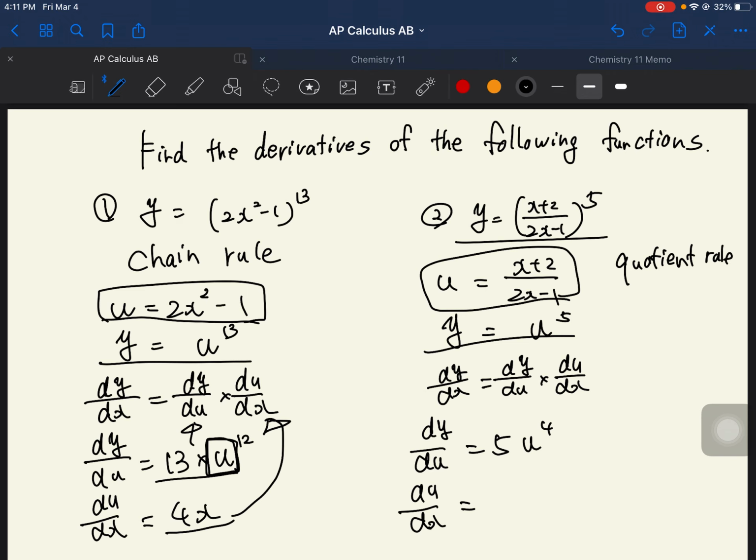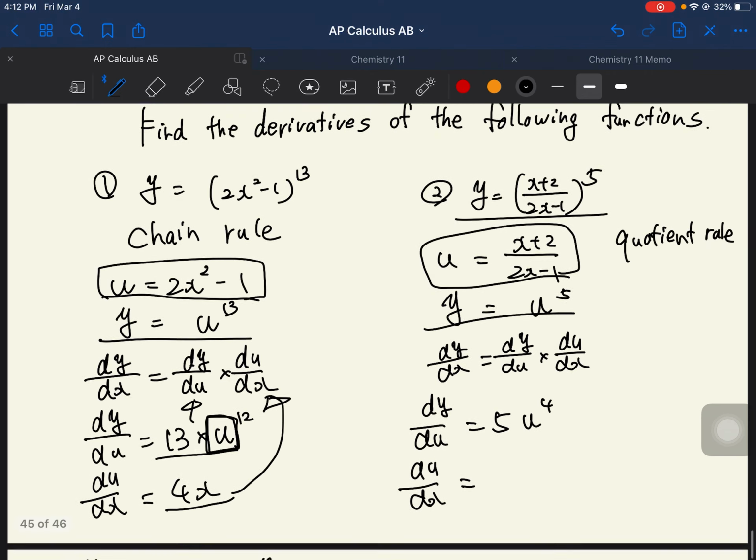If you have no idea about what quotient rule is, please check out my previous video as well.